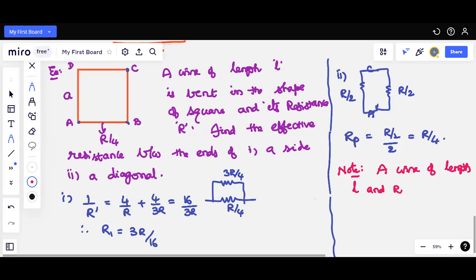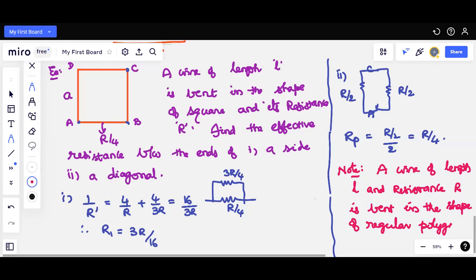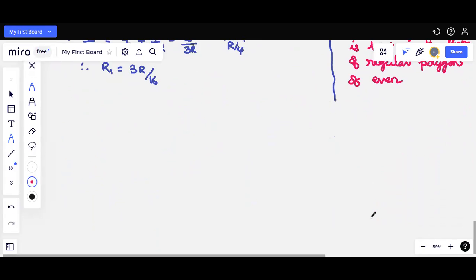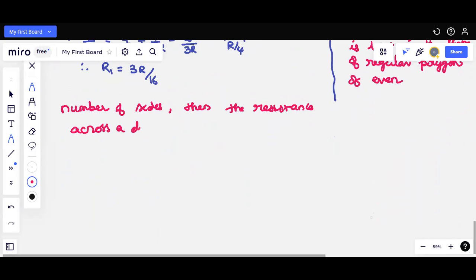and resistance R is bent in the shape of a regular polygon of even number of sides, then the resistance across a diagonal is equal to the resistance of a side.